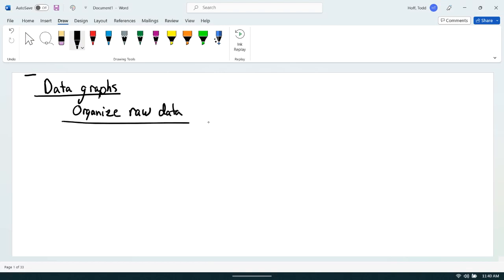For example, let's say that we were looking at changing school colors. And we had choices between red, blue, and green. And we surveyed students to see what they preferred.